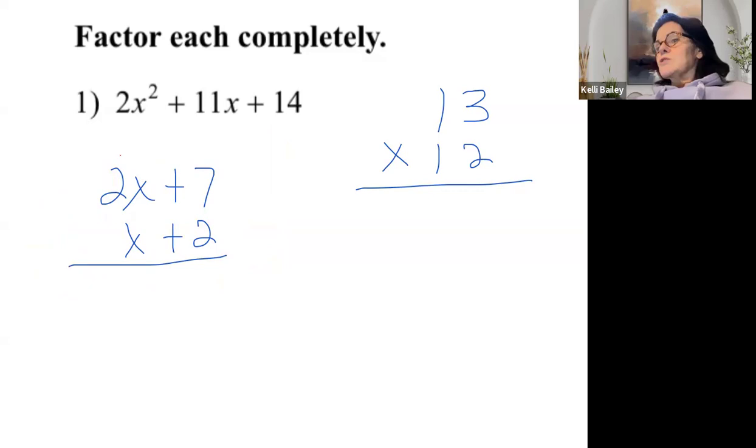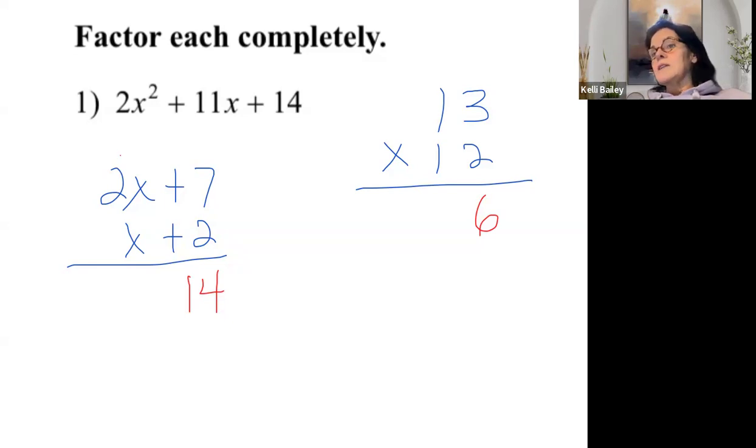When we were in elementary school doing this, we did that ones unit. We did 2 times 3, and we put the answer right there. So that is what we did when we did 2 times 7. Same thing. We did our ones unit on the right, our constants in the algebraic one.